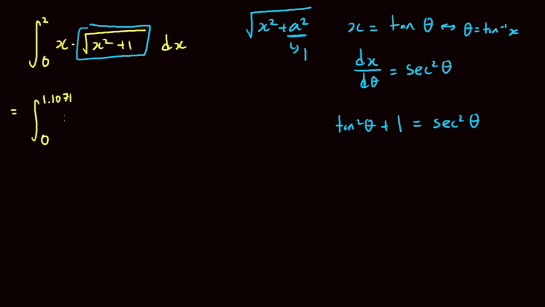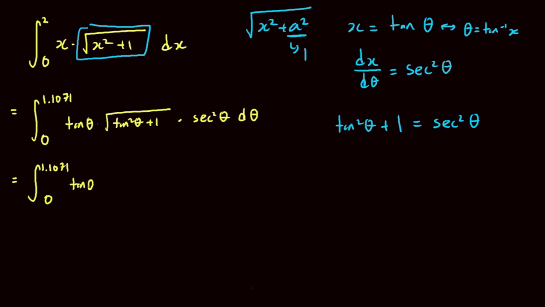So our x is obviously tan theta, okay, times, of course, tan squared theta plus 1. And our dx is sec squared theta d theta. Okay. So the limits are 1.1071 and 0.